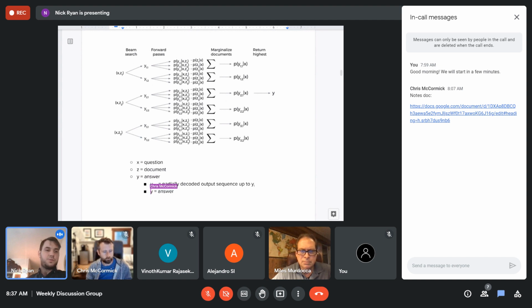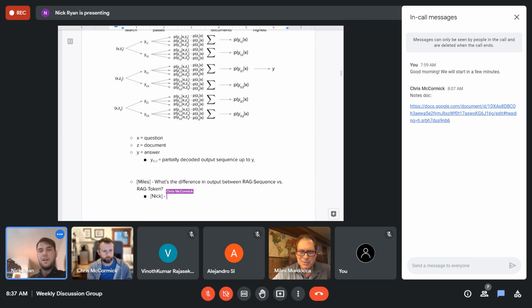RAG sequence will produce an answer, but it will only produce an answer from a single document. So if you ask a question about the president's sister's dog, to take our amazing example, it will only be able to generate an answer from one document that the retriever has recovered.